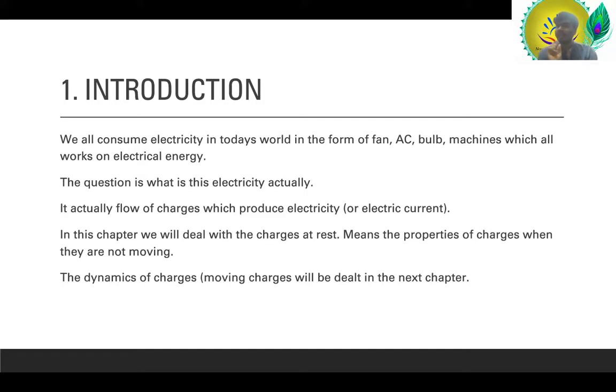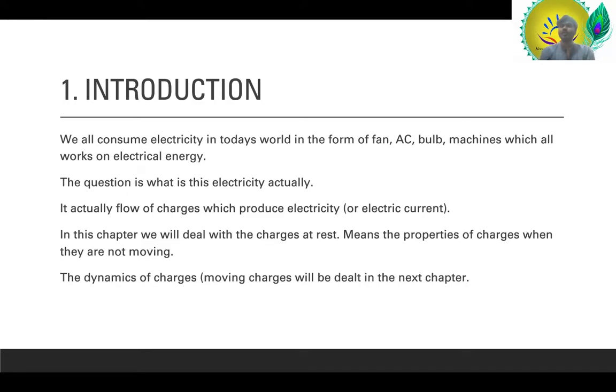I told you that when charges move, that is charges in motion, we shall not study now. When we say charges move, we know there is something called charge, and there is a body that carries that charge.